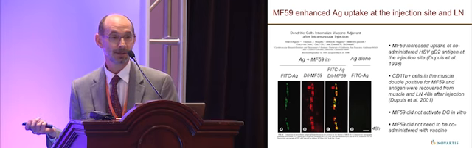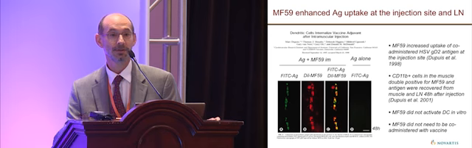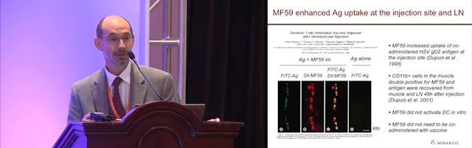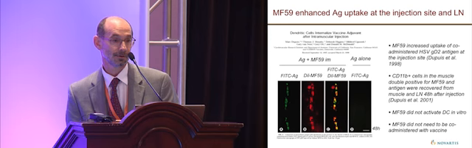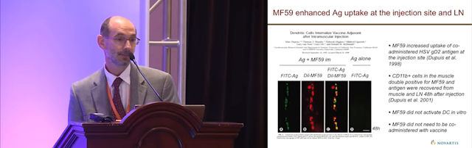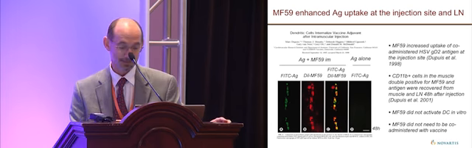That is, you can inject the muscle with MF59 and then come in some hours to a day later with the antigen, and you still see the effect. So clearly you can separate the delivery of the antigen from the adjuvant effect. And probably by whatever mechanism that MF59 is facilitating uptake, it's an indirect mechanism, possibly through facilitating phagocytic activity of antigen-presenting cells, as an example.